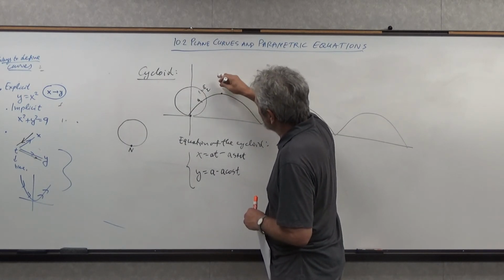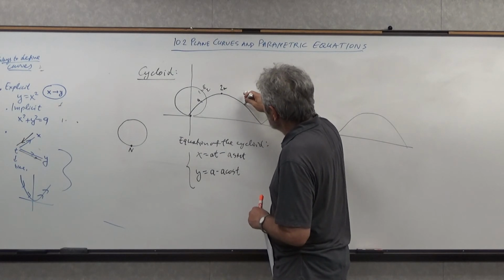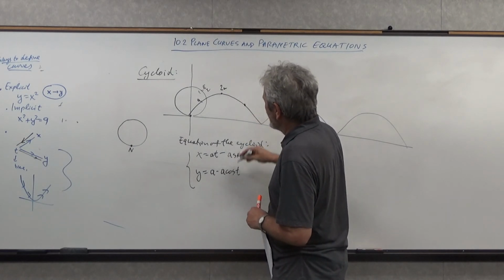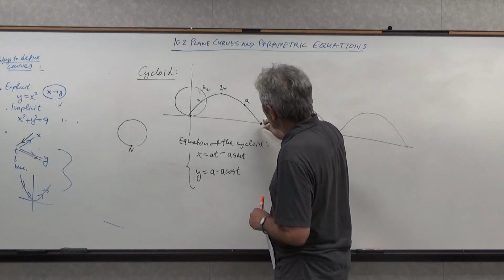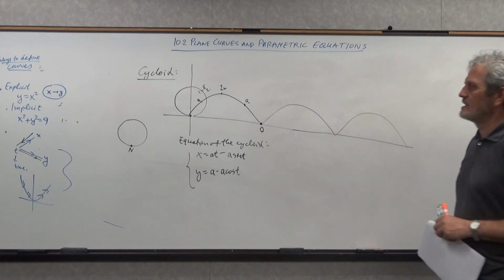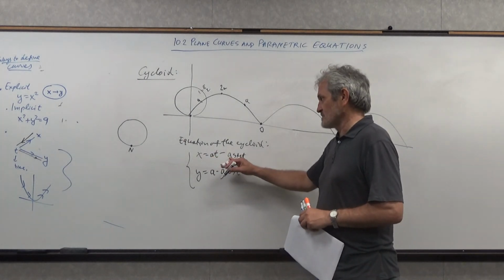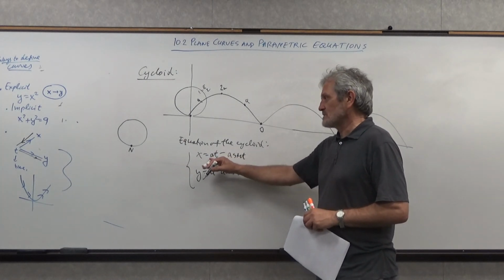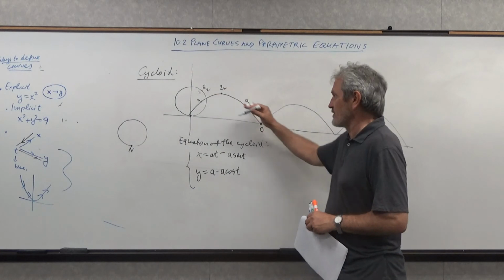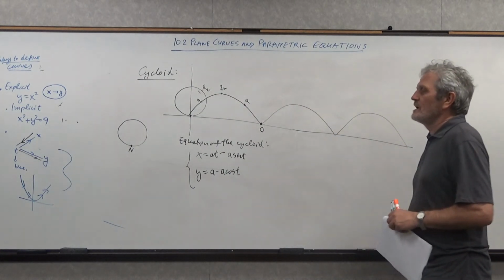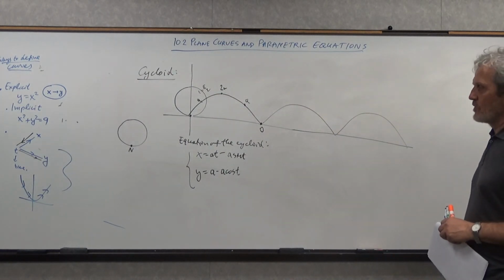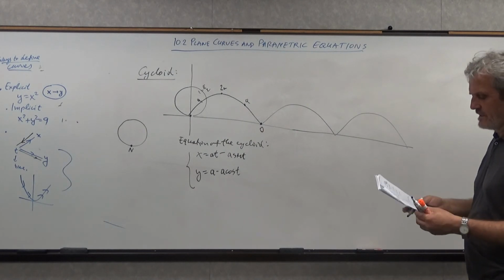When t is pi, it will be 2a. When t is 3 pi over 2, it will be a again, and then 2 pi, it will be 0 again. And then you keep repeating and repeating, and x has also periodic part, but also has this at, which is progressing to the right all the time, and that's actually formula for the arc length.